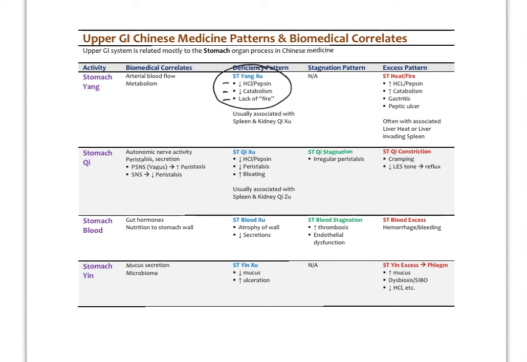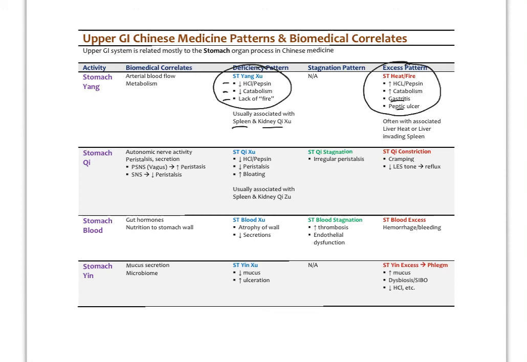And there's often associations with what we call spleen and kidney deficiency. So the spleen would be more the pancreas from this perspective, and then kidney would be looking at the adrenal cortex function. So we know that the adrenal steroids actually play into supporting the activities of the stomach wall. And then stomach heat, fire, would be more the inflammatory conditions we'd see like in gastritis, peptic ulcer.